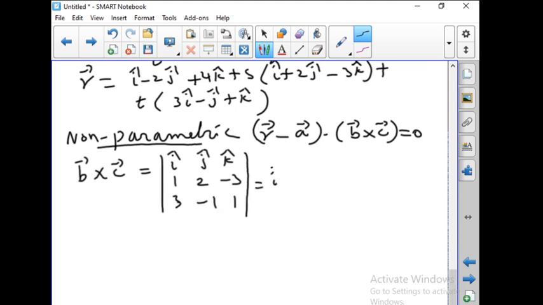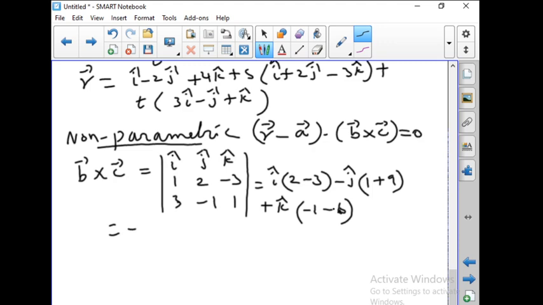So it is equal to i cap into (2 minus 3) minus j cap into (1 plus 9) plus k cap into (minus 1 minus 6). So it is equal to minus i cap plus 10 j cap minus 7 k cap.